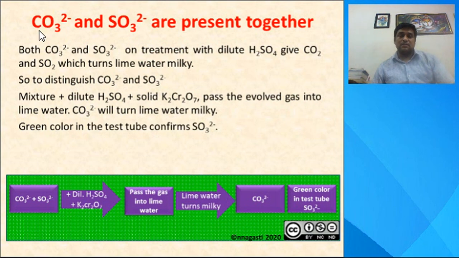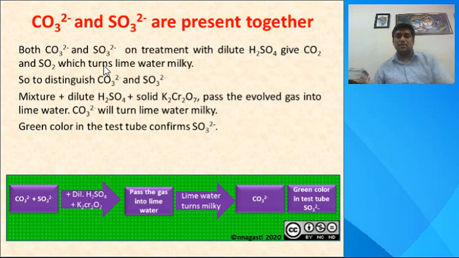When a mixture contains carbonate and sulfite, how to distinguish, how to identify these two anions? The challenge is both carbonate and sulfite respond to dilute H2SO4. Both of them turn the lime water milky, because carbonate releases carbon dioxide, sulfite releases sulfur dioxide, and both turn lime water milky.